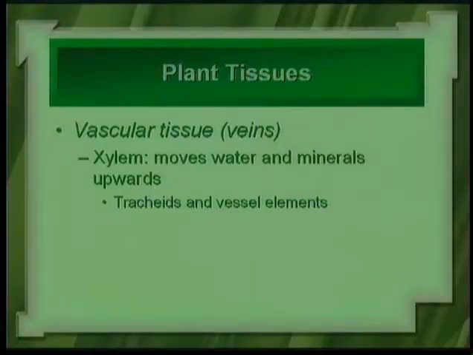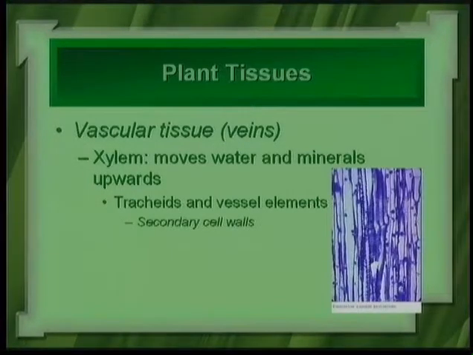Now, generally, the xylem is made up of several different kinds of cells, and the two cells that are specialized for xylem tissue are called tracheids and vessel elements. These kinds of cells, tracheids and vessel elements, have secondary cell walls.